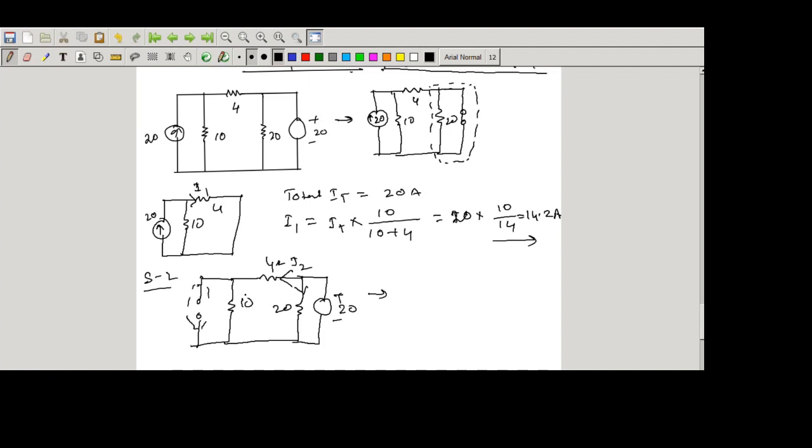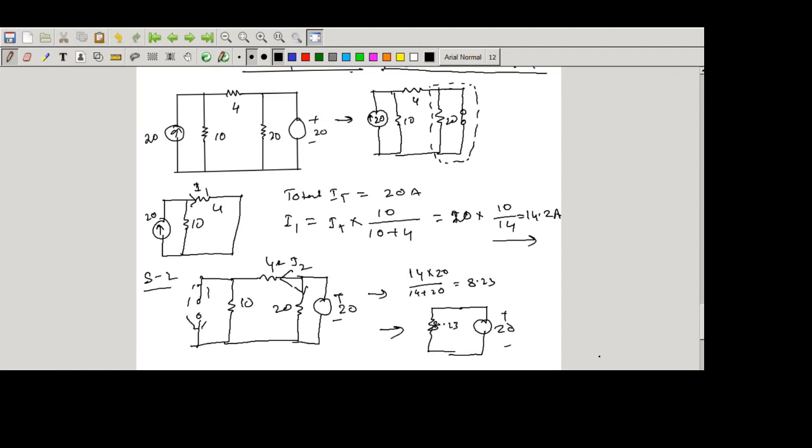Short circuit means that the 10 and the 4 ohm we can treat as a series connection. So 10 and 4 is 14 ohm resistance, and that 14 ohm resistance is in parallel with the 20 ohm resistance. So directly we can write 14 into 20 divided by 14 plus 20, which equals 8.23. If we simplify this circuit again, there is only one resistance, 8.23 ohm, and the supply of 20 volts.